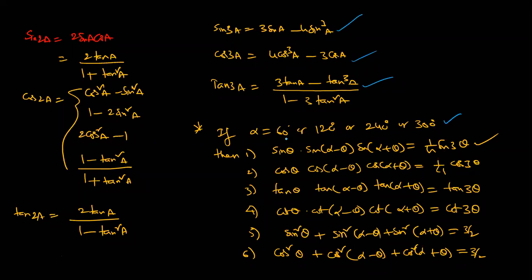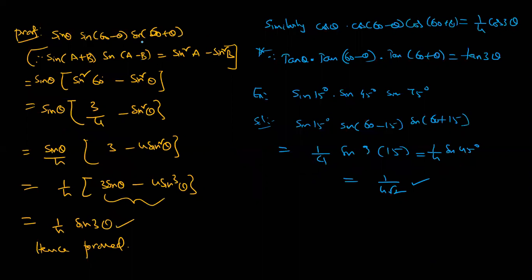These are the formulas, but regularly we are using formula number 1, 2, 3. So sin theta, sin 60 minus theta, sin 60 plus theta is how much? 1 by 4 sin 3 theta. So this is the proof. But in this case, we are using sin of A plus B into sin of A minus B. What is that? Sin square A minus sin square B.